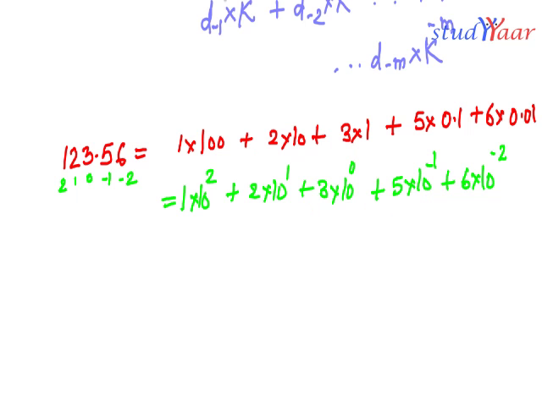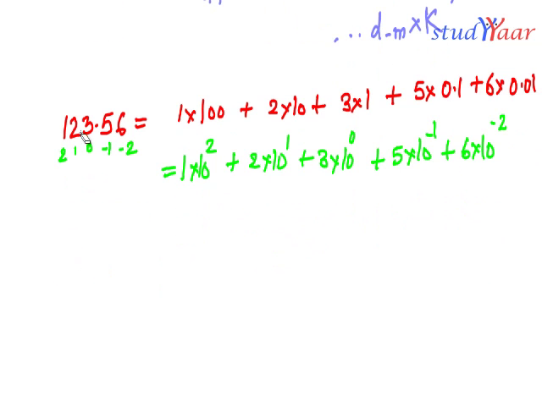So why did I multiply this using weights as 10? I did this because I said that 123.56 is a number system in base 10. Okay, how do we specify the base of a number system? We specify it like this.